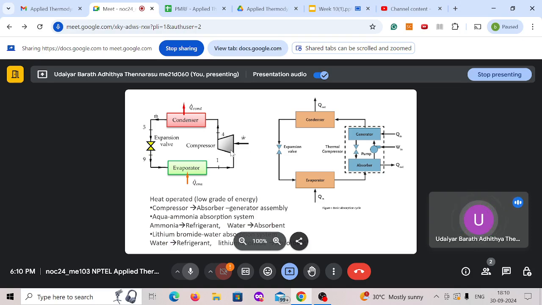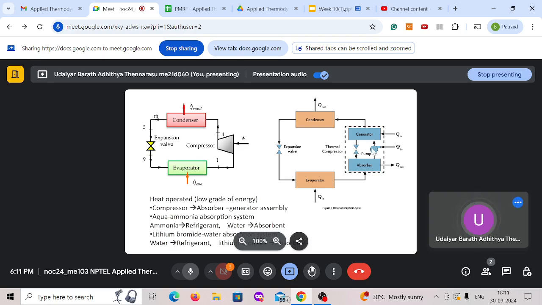So why do so? In a compressor, you're compressing a fluid which is in a vapor state. We know compressor work is minus V dP. Your specific volume in the vapor state will be larger compared to a liquid state. So to reduce the work given, you can use a pump.